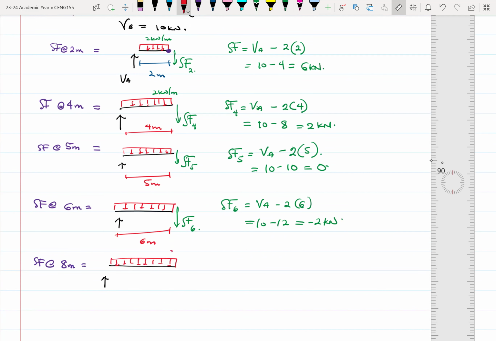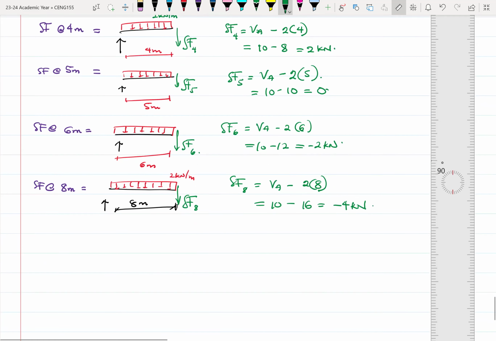This is supposed to be 2 kilonewtons per meter, as we had it earlier, with a distance of 8 meters. So we want to find our shear force at 8 meters. So SF8 will be equal to VA minus 2 times what? 8. This is 10 minus 16. That'll give us minus 4 kilonewtons.